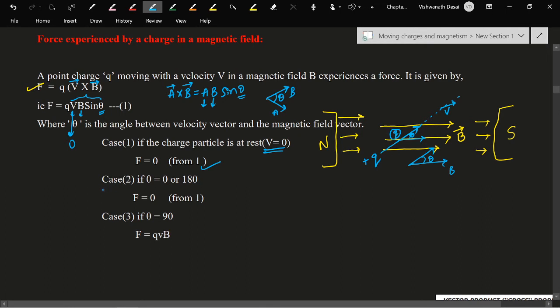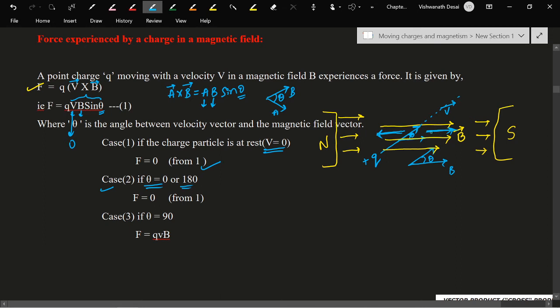Case 2: if the charge is moving along the field, parallel to the field or anti-parallel to the field, then theta is equal to 0 or 180 degrees respectively.